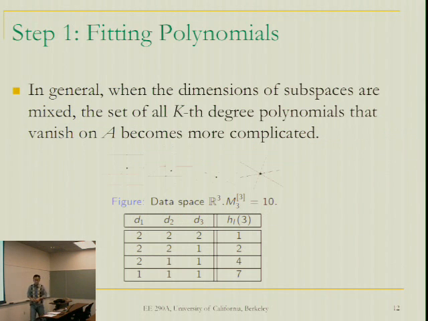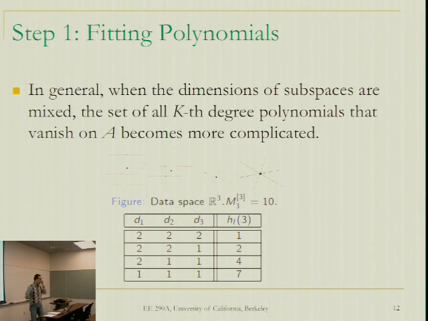Okay, so next we are going to go one step further from special cases to general cases. Remember, the first step is, from a whole bunch of points, how to fit polynomials. The first observation is that in general, when the dimensions of the subspaces are mixed, so you don't have all hyperplanes, you can have subspaces of dimension 1, 2, 3, 4, 5, the set of kth degree vanishing polynomials becomes more complicated.